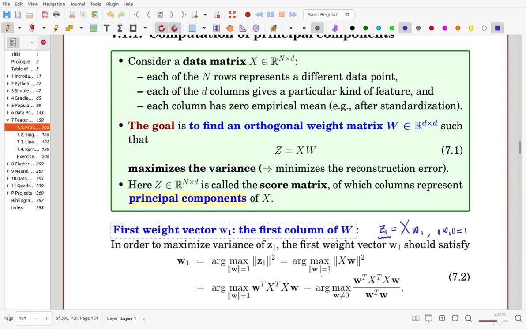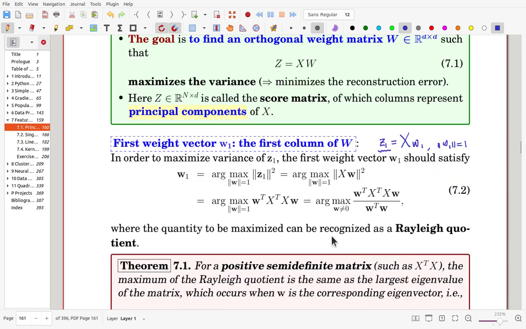Now this one can be written in this way, and then rather than norm is 1, just a non-zero W divided by its norm squared, so that they are the same equivalent problem. Such a term is called the Rayleigh quotient.